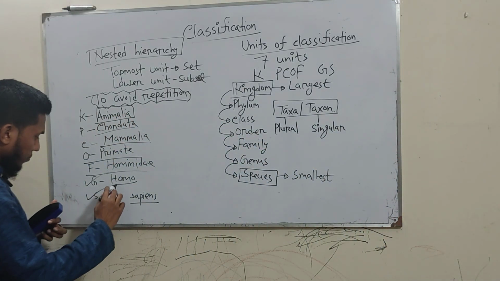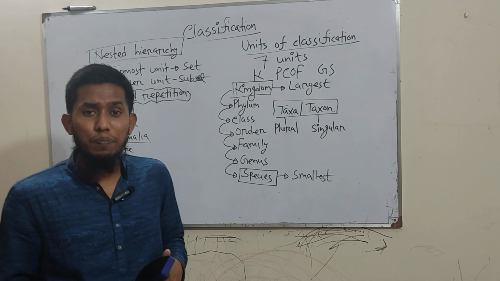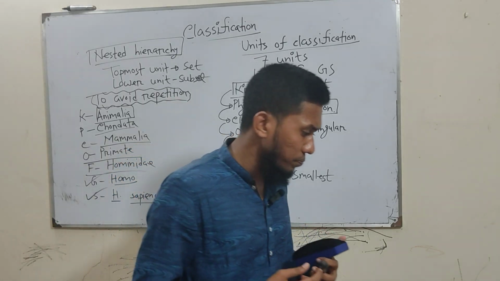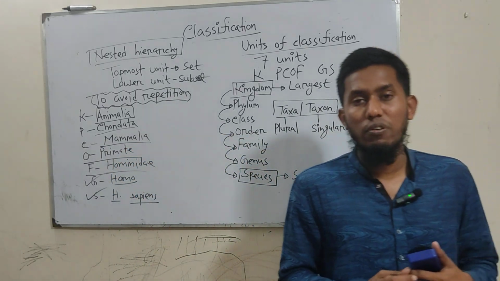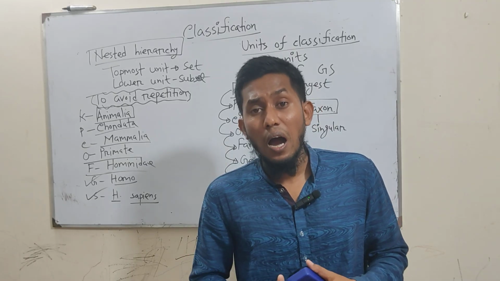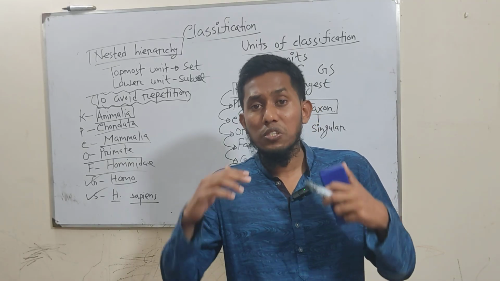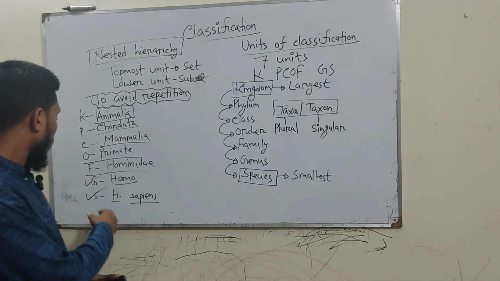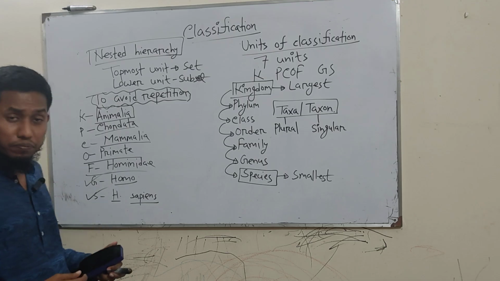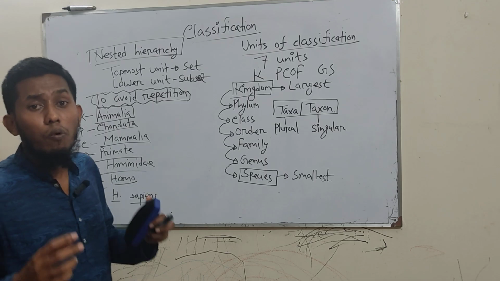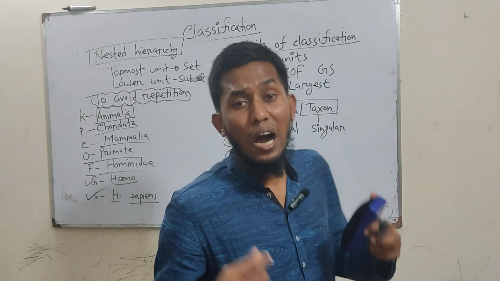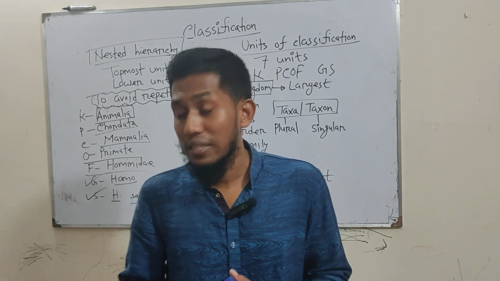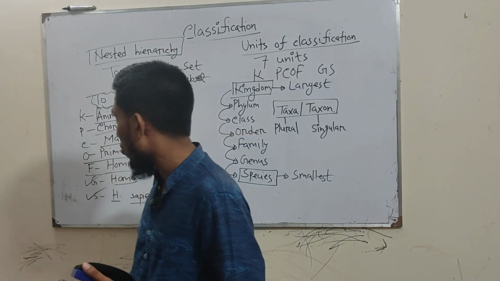Why does man belong to the species Homo sapiens? Because we have a wide and high forehead, and our intellectual power is more developed than any other animals. That's why man belongs to the species Homo sapiens.